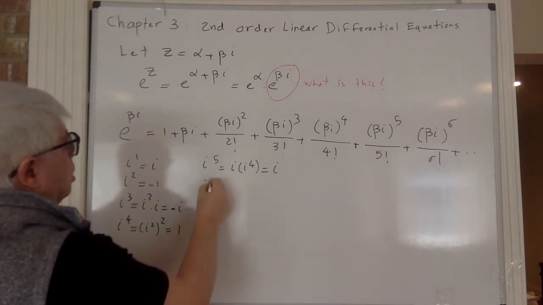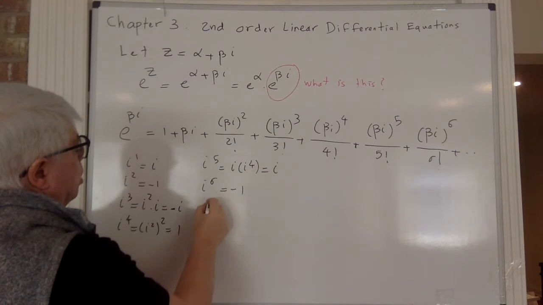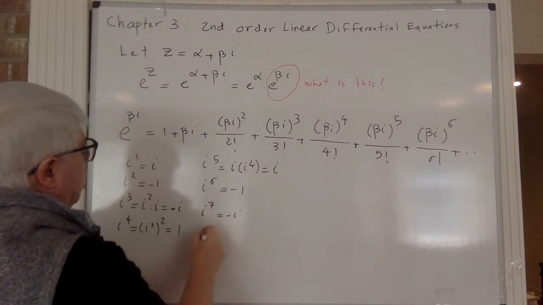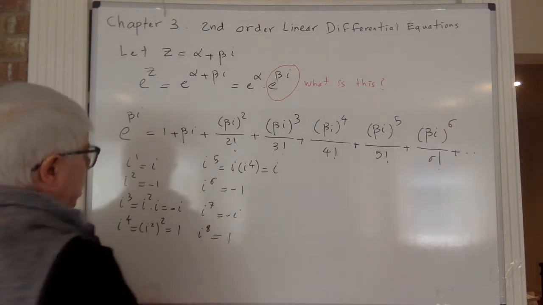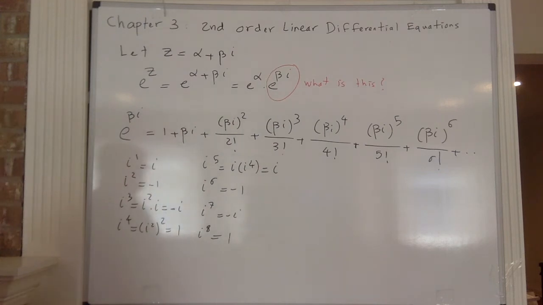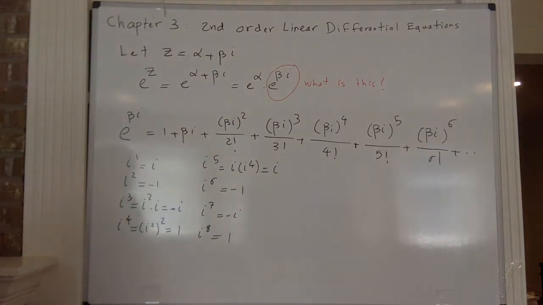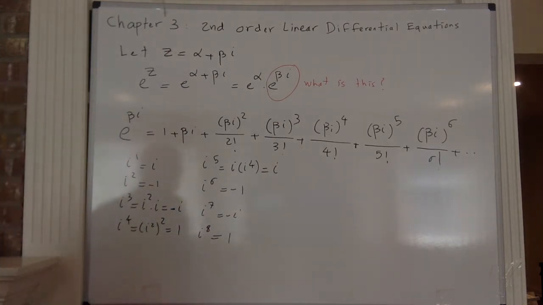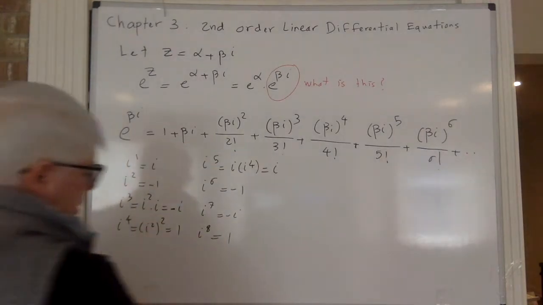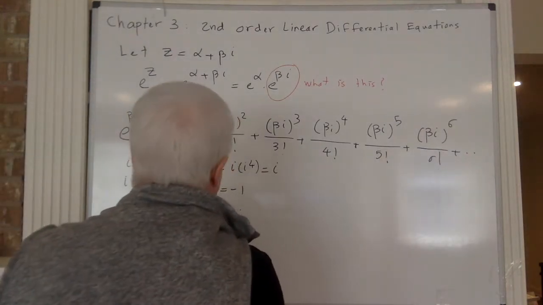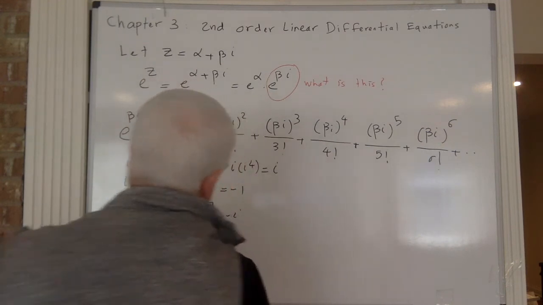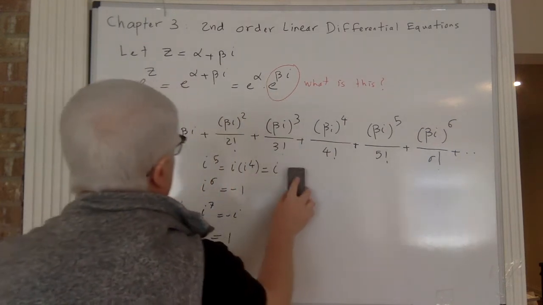So i to the 6 is negative 1, i to the 7 is negative i, i to the 8 is 1. As you see, it has a period of 4. So it repeats itself, and that is in fact good for what we're doing.